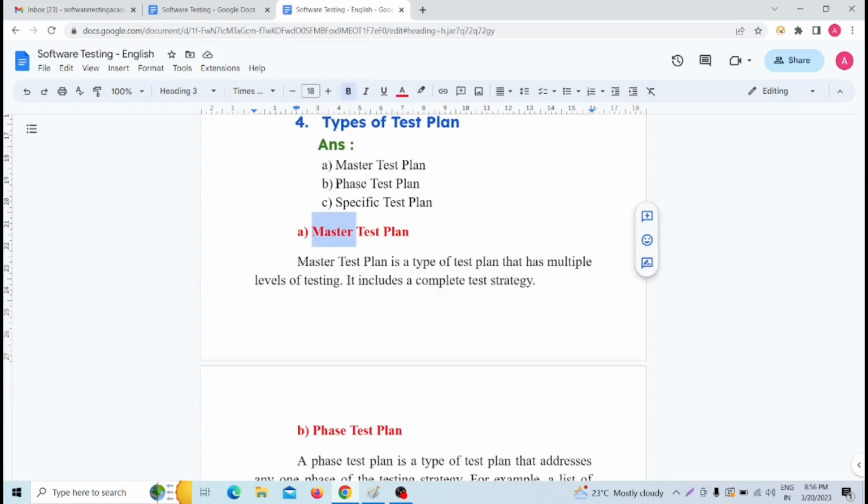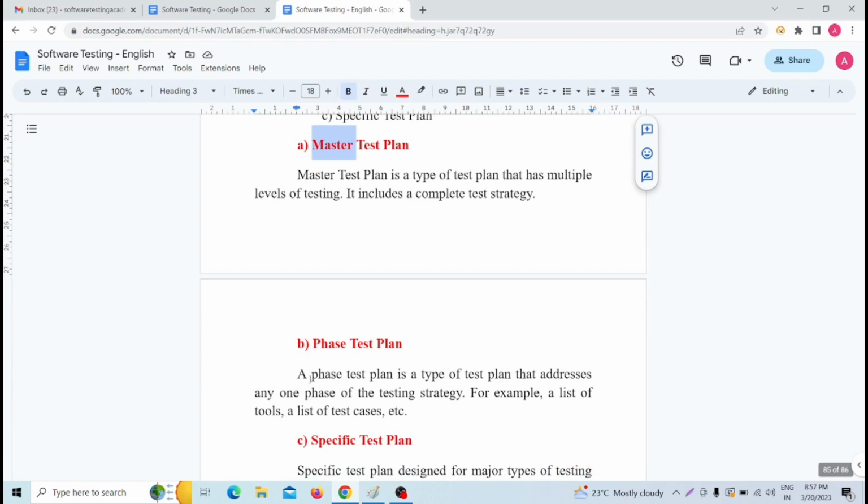Then the second one is the phase test plan. What is a phase test plan? A phase test plan is a type of test plan that addresses any one phase of the testing strategy.